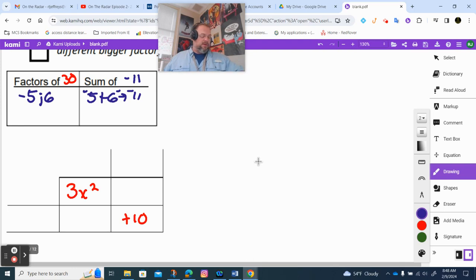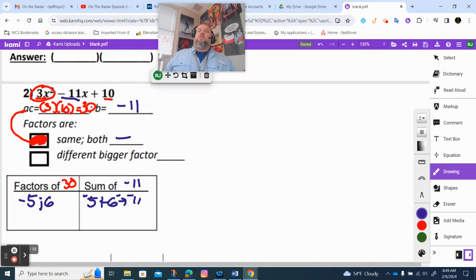So which one do y'all want right here? Negative 6x. Perfect. What about right here? So if 6x goes here, we'd put 5x right here. We have to put the x there because basically this is what we're doing.